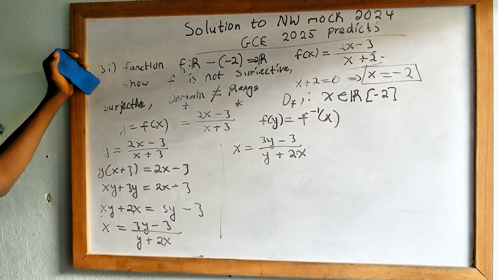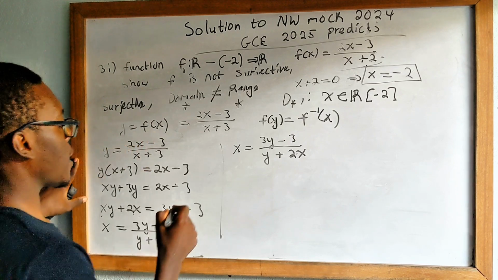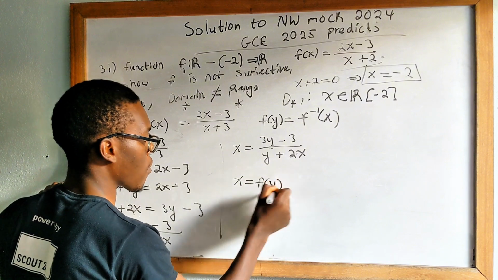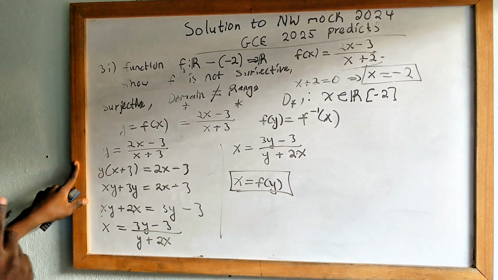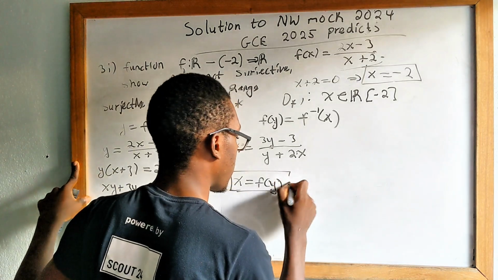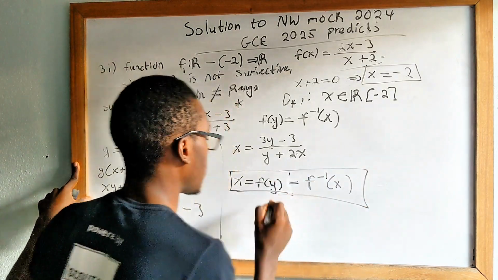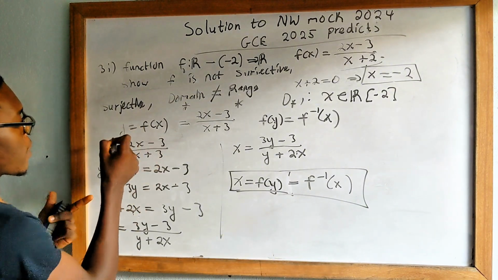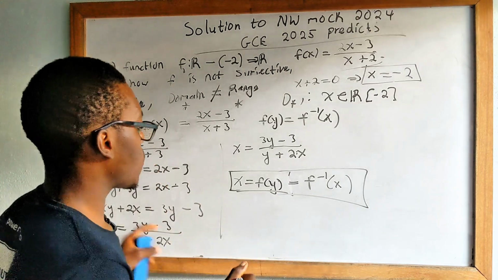Nice. What do you have? We know that y is equal to f of x. Hence x is equal to f of y. And also we know that f of y is equal to f inverse of x. It's just logical because you have y equal to f of x; bringing this here, x will be equal to f of y. That is just transposing.